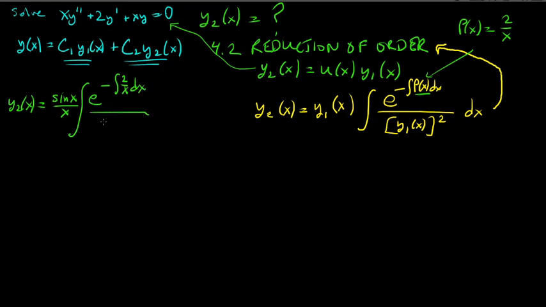And in the denominator we're going to get y1 squared, so sine squared of x over x squared, dx. So this x squared will come on top, so this will be x squared over sine squared of x times e to that integral.